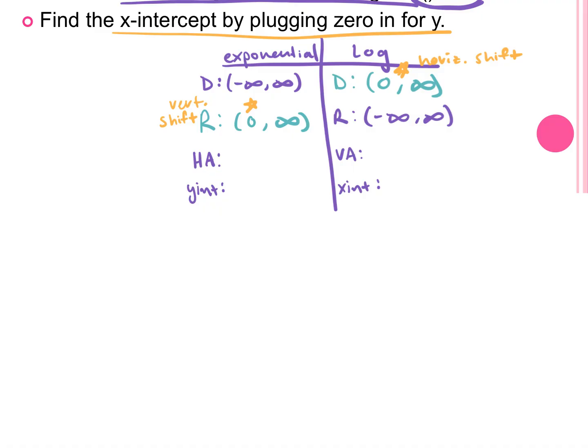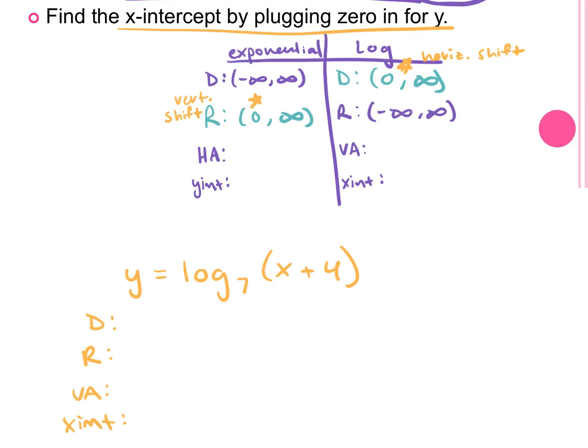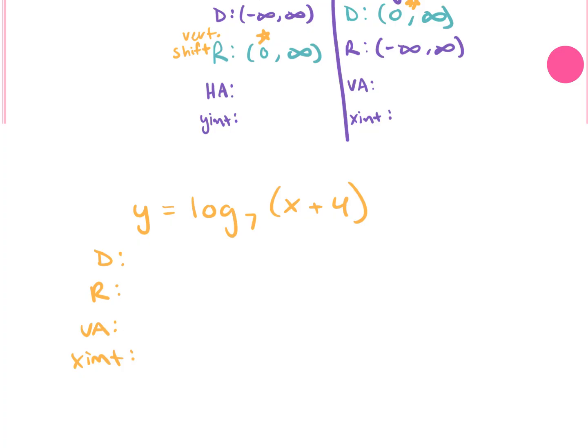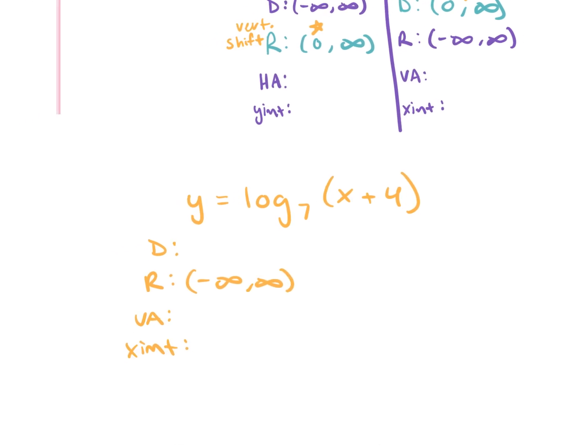So let's look at an example down here. I'm going to make one up. Let's say we had y equals log base 7 of (x plus 4). Let's find our domain, range, vertical asymptote, and x-intercept. So starting with our range, what's our range going to be? All real numbers, -infinity to +infinity. Our domain and our vertical asymptote are going to go hand in hand.